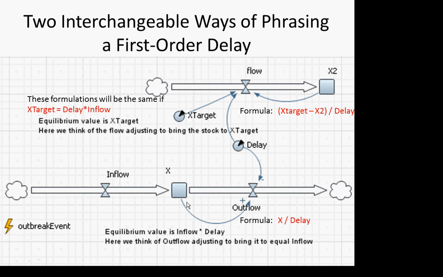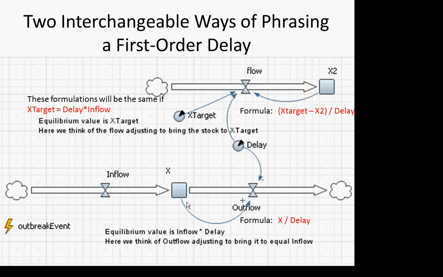It's got to be, because at a value of x given by inflow times delay, what's the value of the outflow? Let's say that again. What's the characteristic of equilibrium? What's the equilibrium value of x? What's the value of x that the system wants to achieve? What's the value of x at which it will be in balance and stasis?